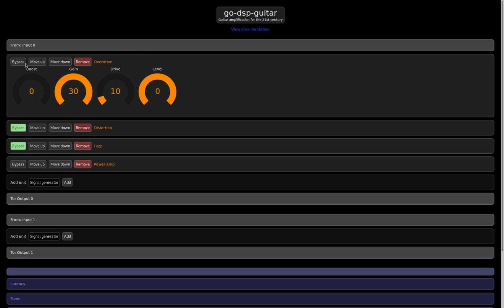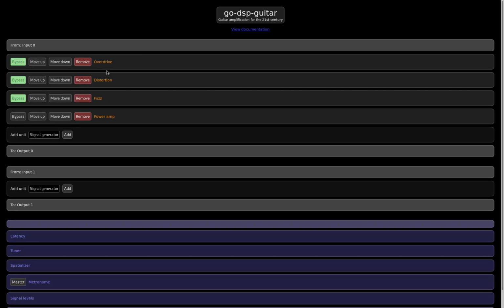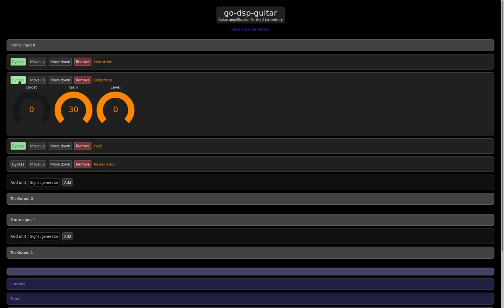Okay, now I will put the overdrive effect in bypass mode and enable the distortion effect instead. Again, this is set to a gain value of 30 decibels.